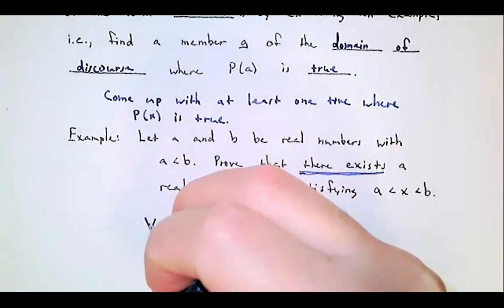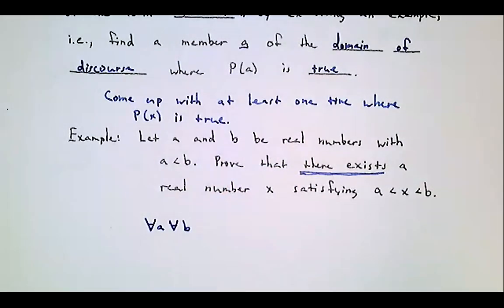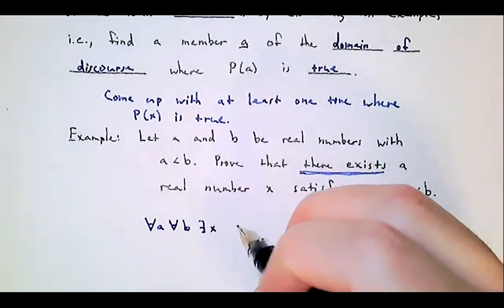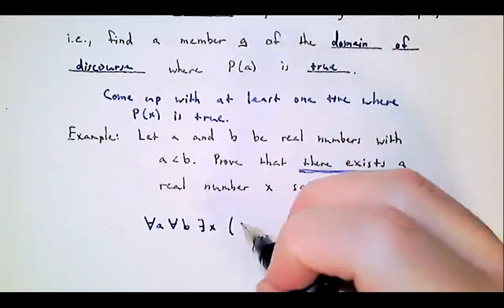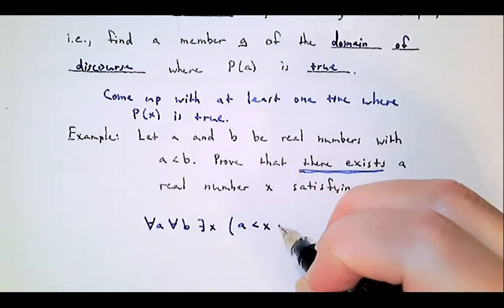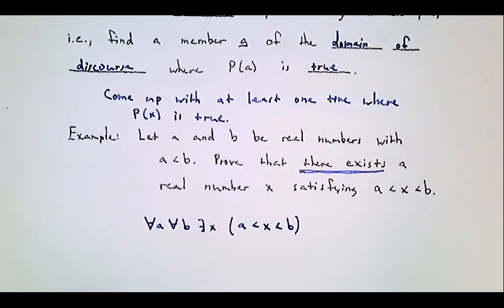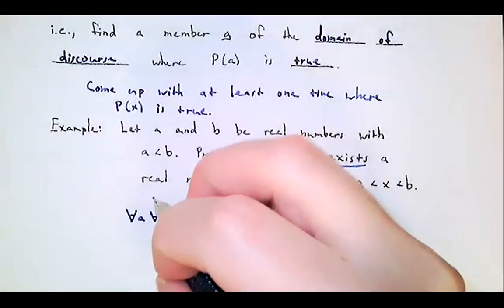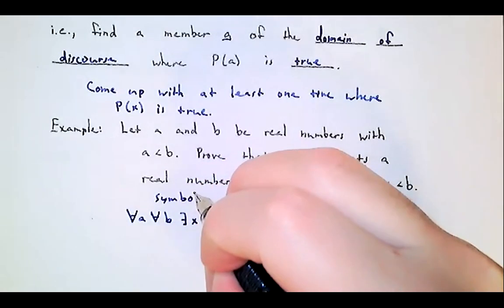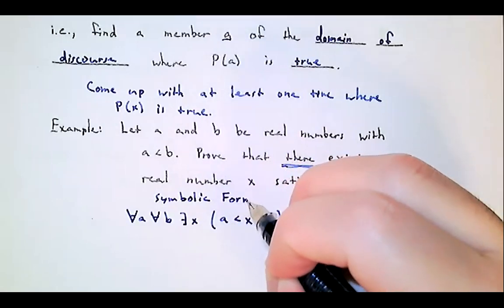We're saying for all A and for all B, there exists another number x where this inequality works. So this would be the symbolic form. So it's actually something like three nested quantifiers.